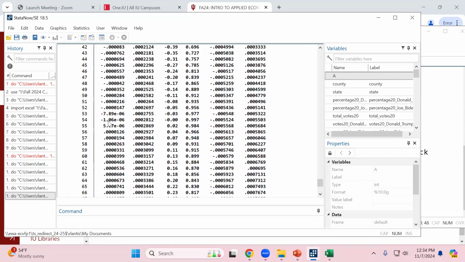It's still negative at 54, but once we get to 55, now the marginal effect is positive. So my turning point there, like I said, was 54 point something. Going from 54 to 55, we see that past that turning point, the marginal effect of income appears to be positive. Okay.